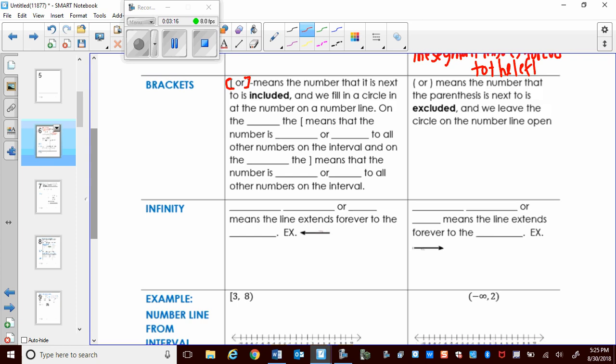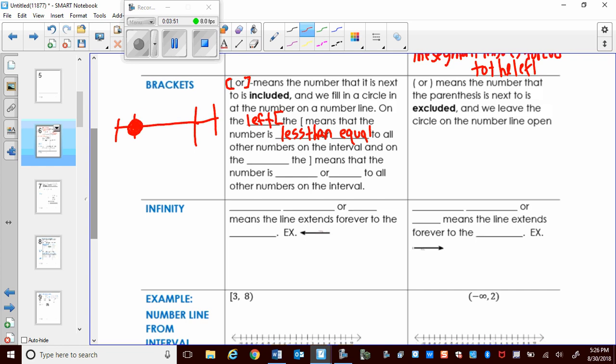Okay? So when the bracket is on the left, a left-hand bracket, the bracket means that the number is less than or equal to all other numbers on the interval. I'm not even going to put numbers here, just going to put in a big hole here.